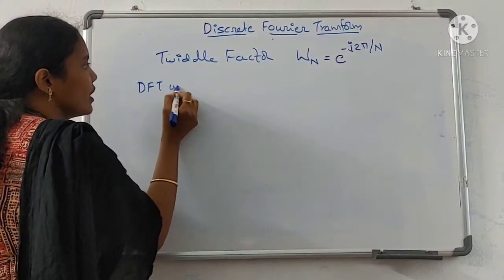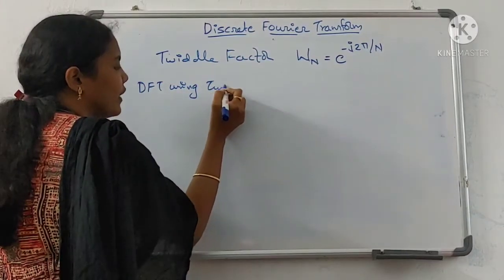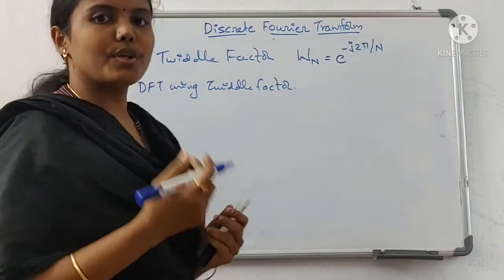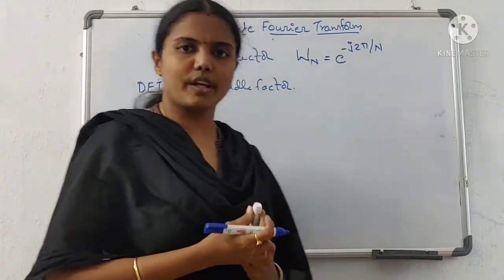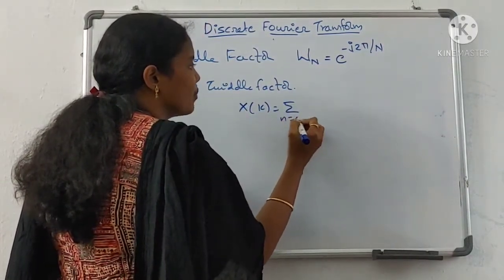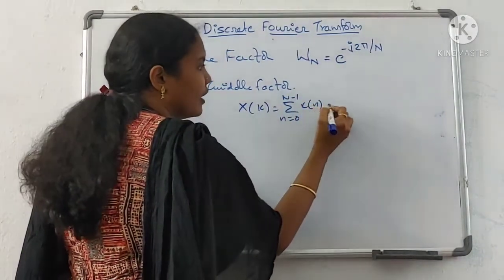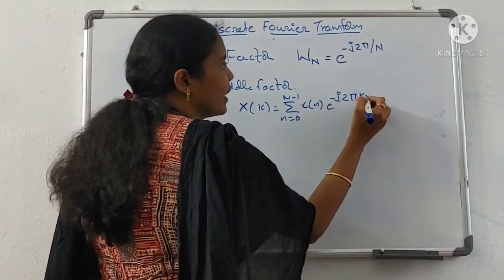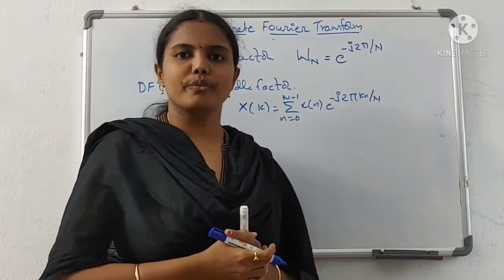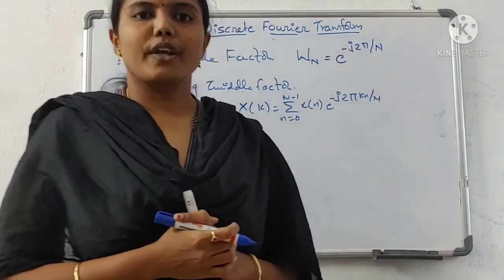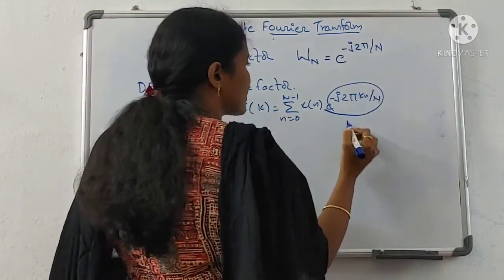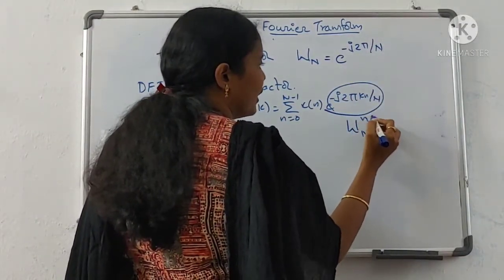Now, DFT using the Twiddle Factor. As we already know, the formula of the discrete Fourier transform is x of k is equal to summation n is equal to 0 to N minus 1 x of n e power minus j 2 pi kn by N. Now in place of e power minus j 2 pi by N to the power nk, this can be written as W suffix capital N to the power nk.